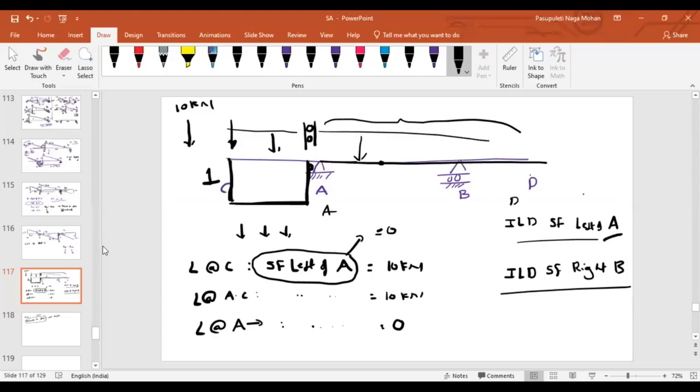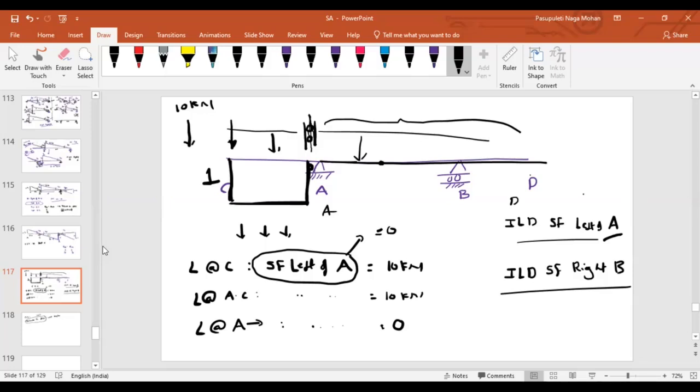So this support implies that it will release only the force in the vertical direction, but it will still maintain the continuity requirement for rotation and also for the axial force.